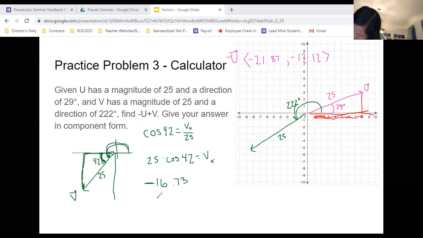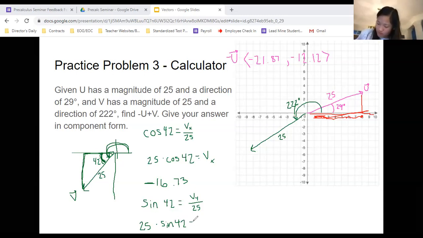Now I need to find the y component. So I'm going to set up sine of 42 degrees equals the y component of my vector over 25, which I will solve. So 25 sine of 42 equals the y component of my vector.